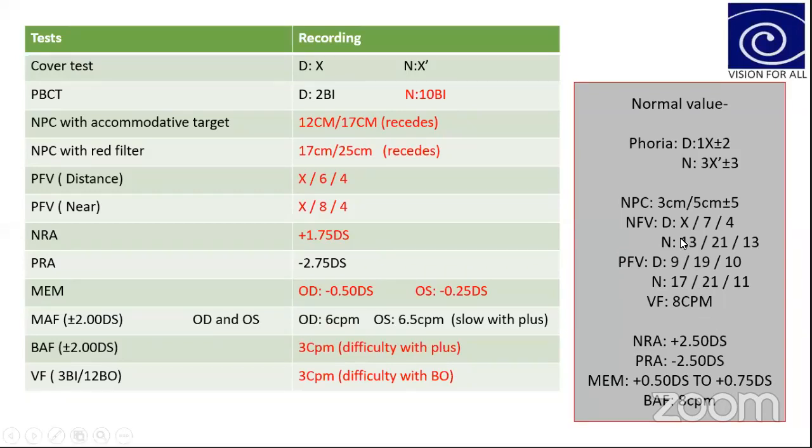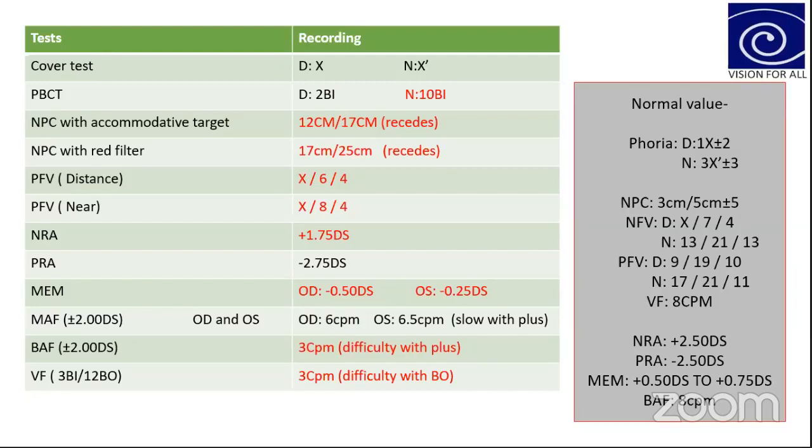NPC has a normal value of 3 centimeter break and 5 centimeter recovery, plus or minus 5. So up to 8 centimeter break and 10 centimeter recovery is fine and is considered normal.